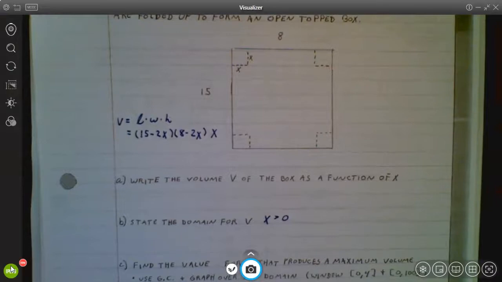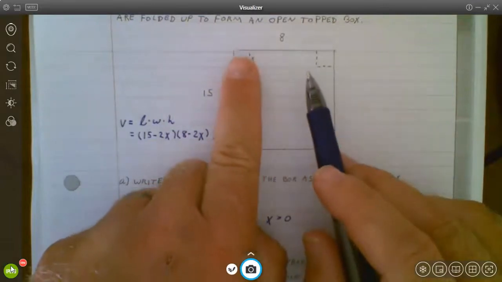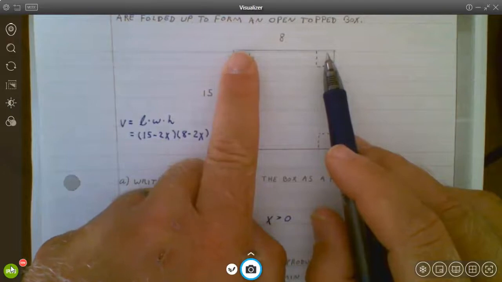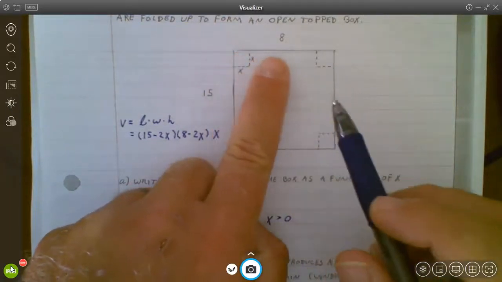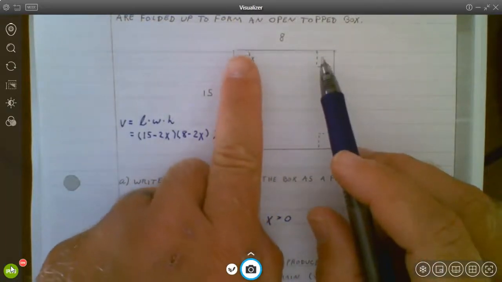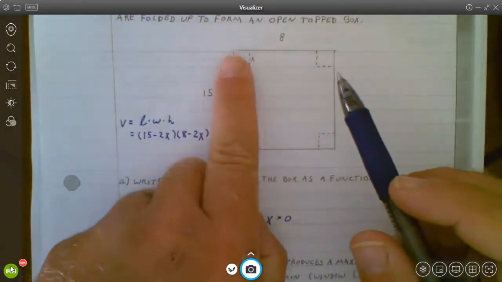So that's one thing that has to be true. What would it have to be less than? If you look at our smallest side up here, if I'm going to cut out something here and here, well, look at it this way. If that was 4 and this was 4, would I have anything left? I mean, the total length is 8, right? And so if these are 4 or bigger, then this width would no longer exist.